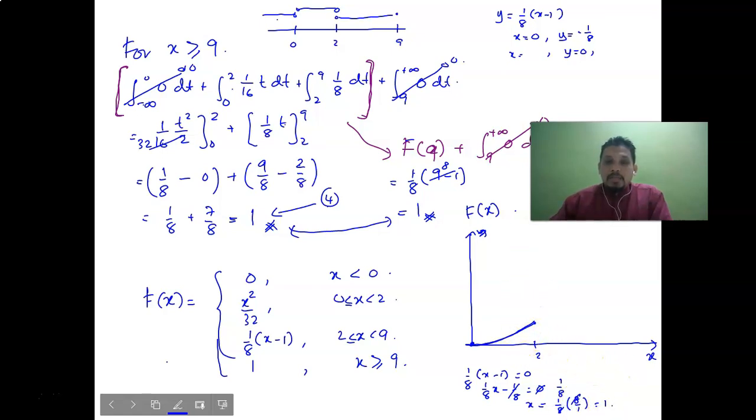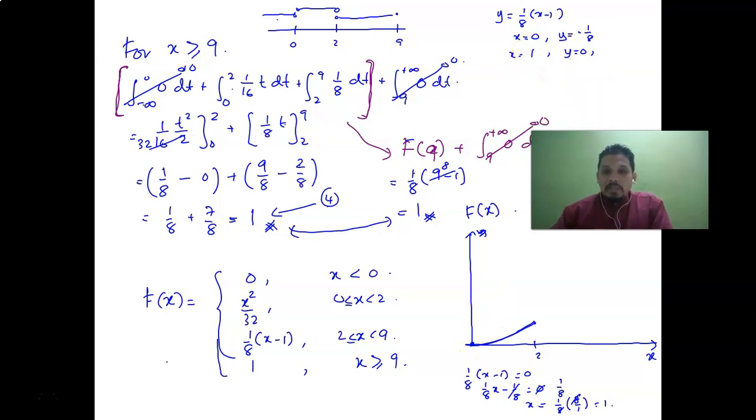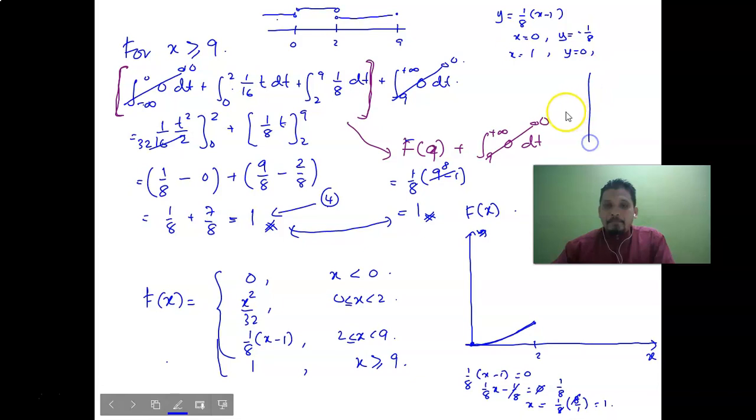So the graph of this: 0, negative 1 over 8, somewhere around here. And y equals 0, x equals 1. So this is the graph for this function.